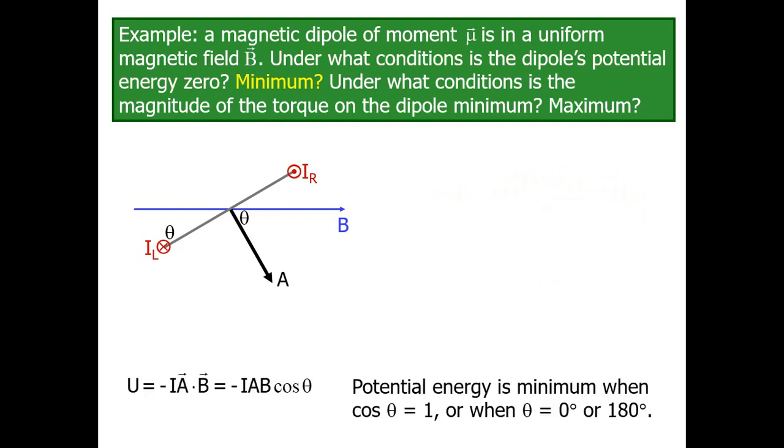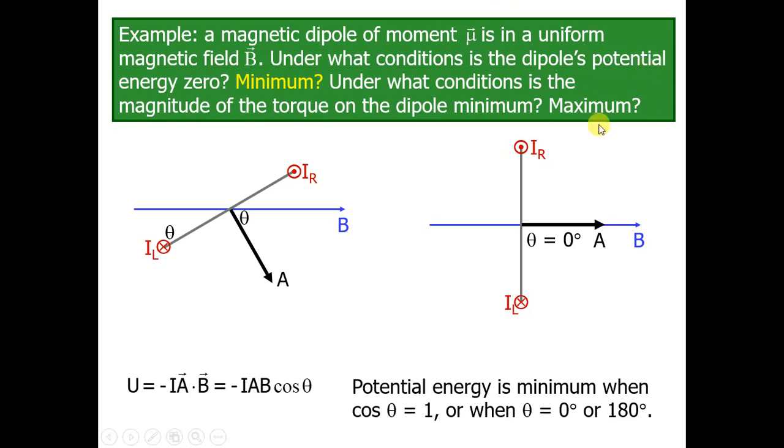Another case: cos theta is equal to 1, when theta is 0 or 180 degrees. The potential energy is minimum when theta is 0 or 180. Here theta is 0: our area vector is in this direction, and I L and I R are in these directions.